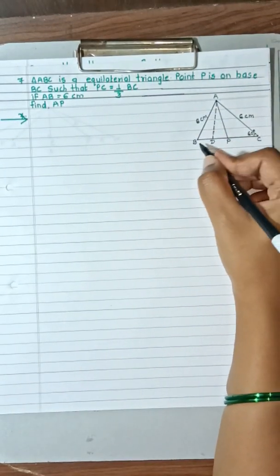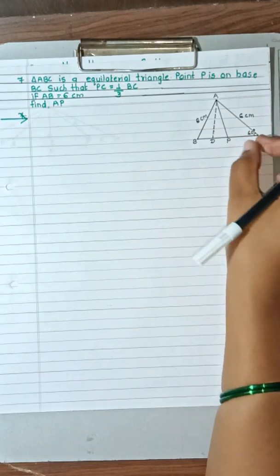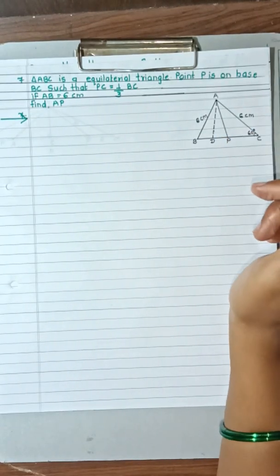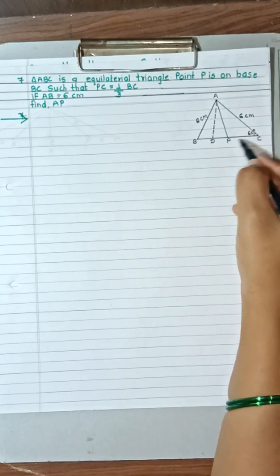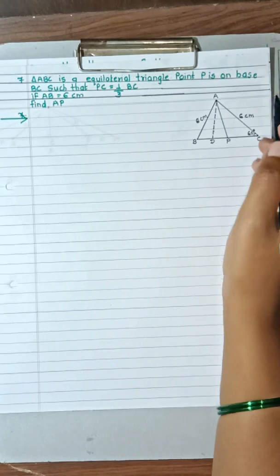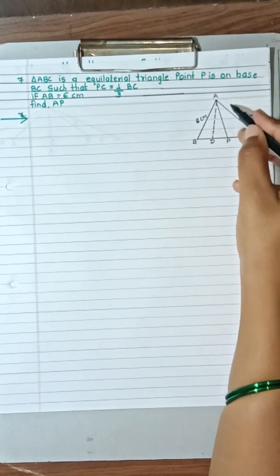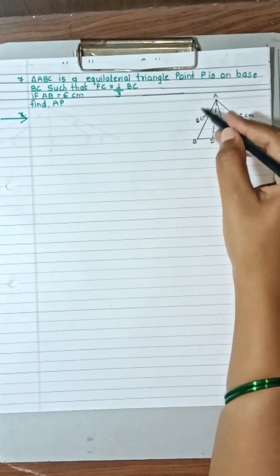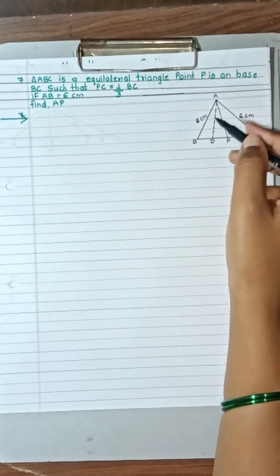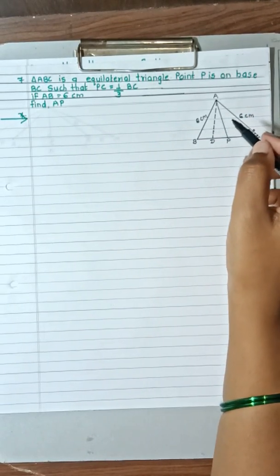Point P is on the base BC such that PC is equal to 1 upon 3 times BC. AB is 6. As AB is 6, that means AC will also be 6, as the triangle is equilateral. Then they have asked us to find AP.